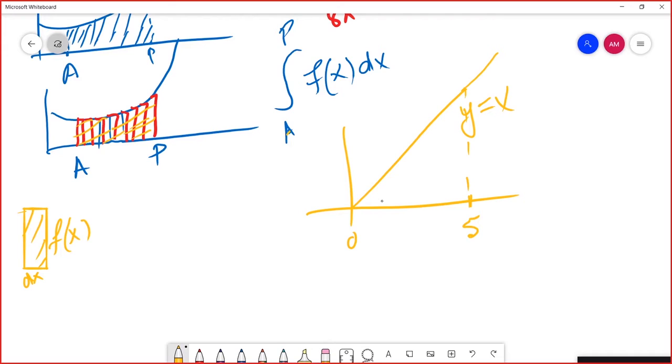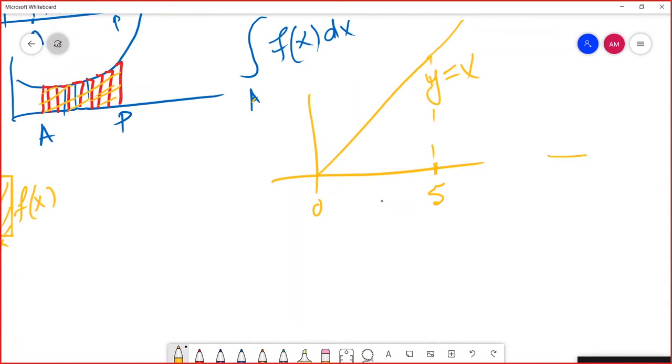So we would take this example in our next topics also. But at the moment, let's say if you want to find this area, do you know what this area is? If I make a triangle with the base 5, what is the height here? Because y is equal to x, 5. Yeah, 5.